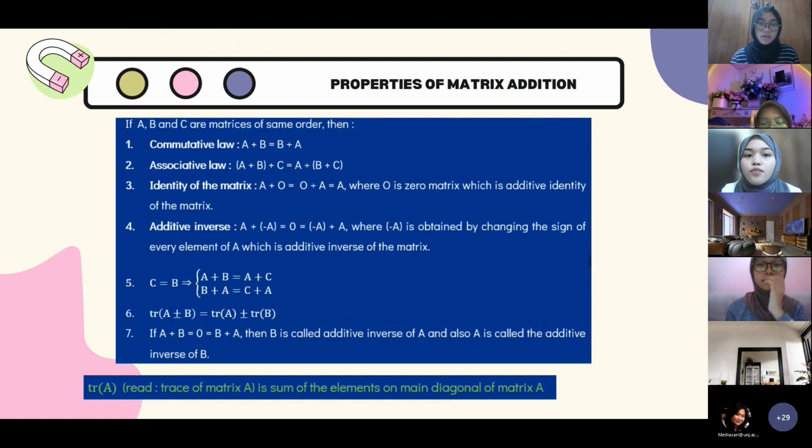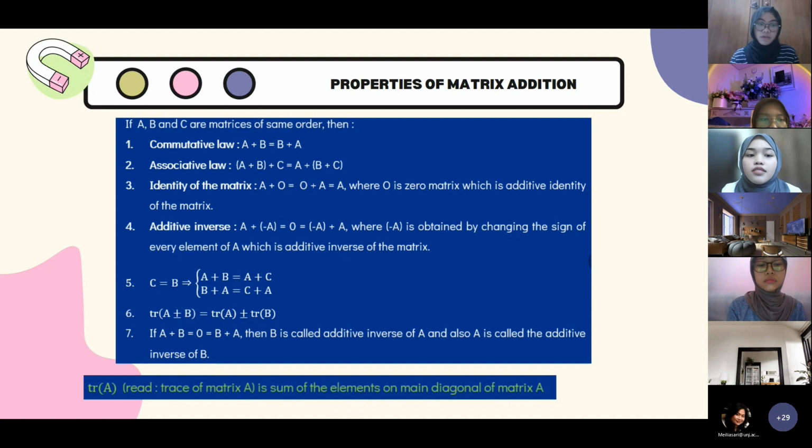Next are the properties of matrix addition. If A, B, and C are matrices of the same order, then the first is the commutative law: A plus B is equal to B plus A. Second, the associative law: the sum of A plus B added to C is equal to A plus the sum of B plus C. Third, identity of the matrix: A plus O is equal to O plus A is equal to A, where O is the zero matrix, which is the additive identity of the matrix.